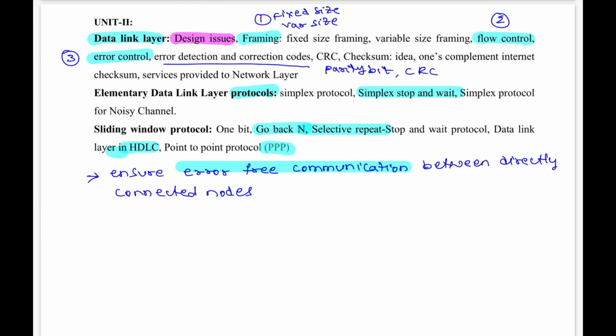And the PPP, it refers to point to point protocol.